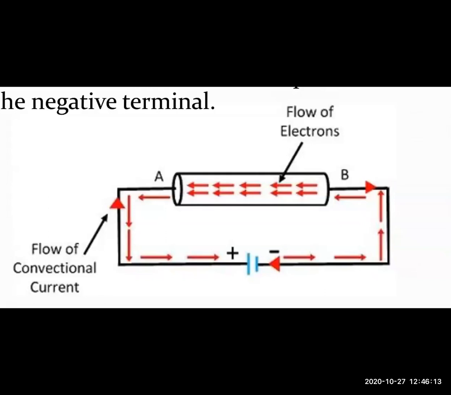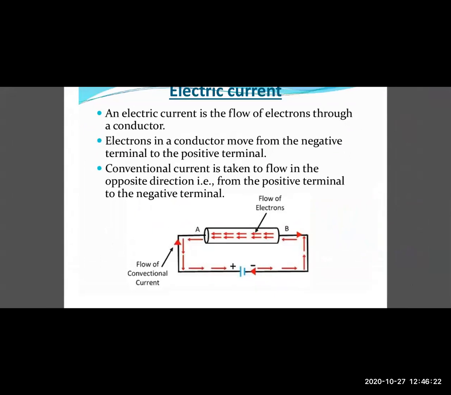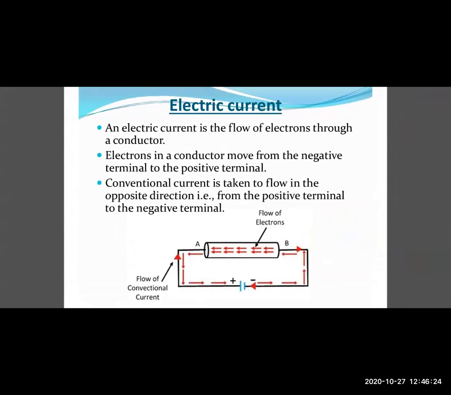So the conventional flow is in the opposite direction, that is from the positive end to the negative end, and the electron flow is from the negative end to the positive end. So electrons in the conductor move from the negative terminal to the positive terminal, and conventional current is taken to flow in the opposite direction, from the positive terminal to the negative terminal.